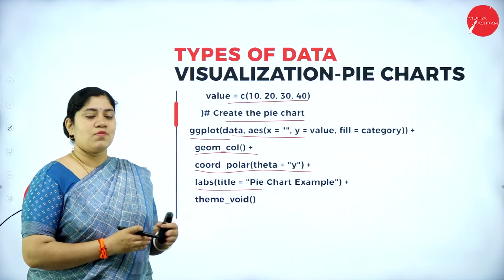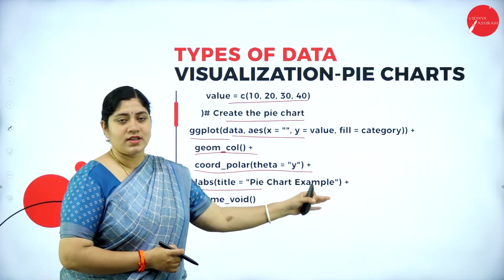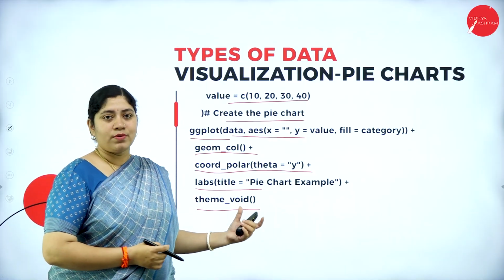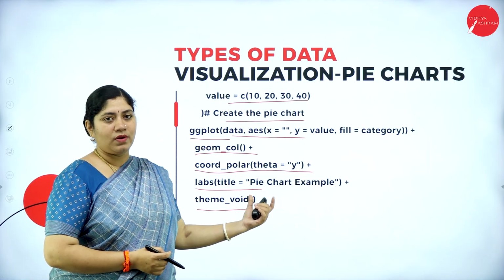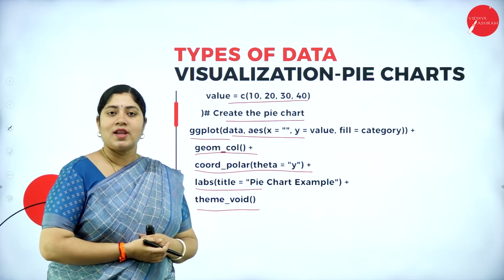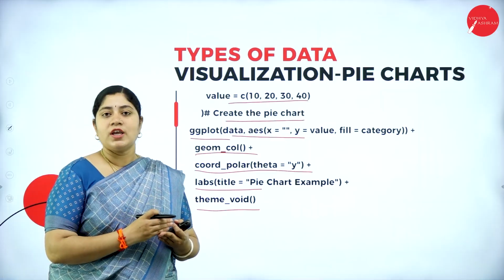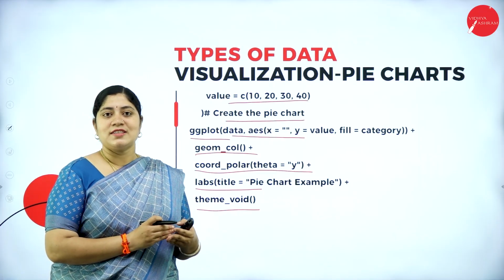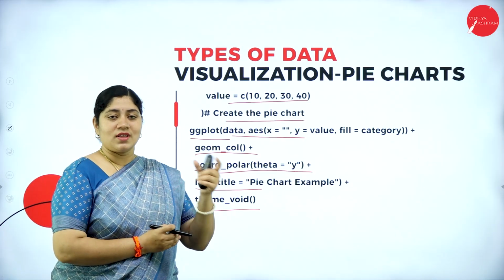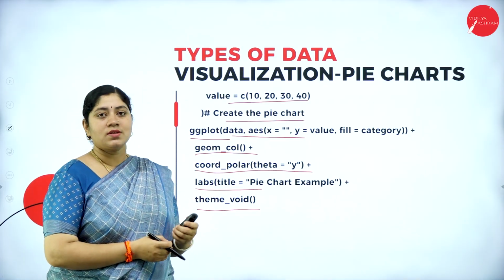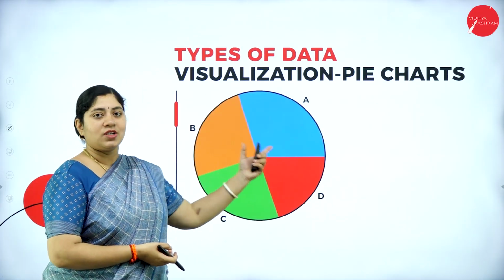So finally I am writing a title, that is pie chart example. So that is the final main program that I am calling. So these are the lines of code for the pie chart where I am defining the x value, y value, as well as the third direction, the theta value. So using this, let's see how the pie chart looks.